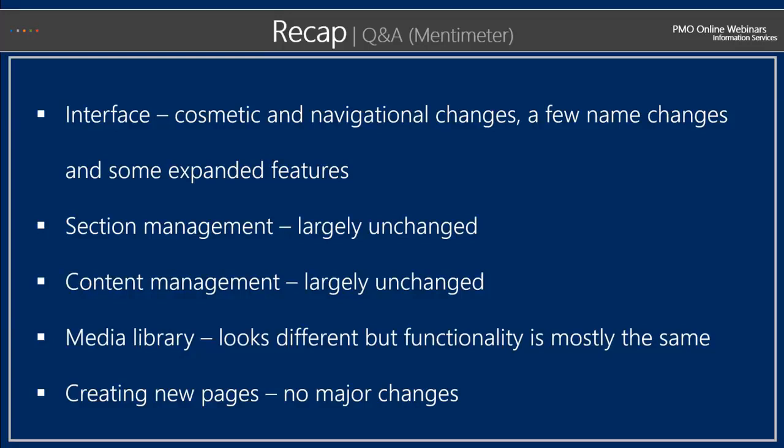The most significant ones are probably the lock to the bottom, lock to the top, and the way automatic ordering and the bulk updates operate that I showed you earlier. As far as section management and content management are concerned, the day-to-day work that you do maintaining your T4 pages, these are largely unchanged, and you should be able to transition to the new version without any real difficulty.